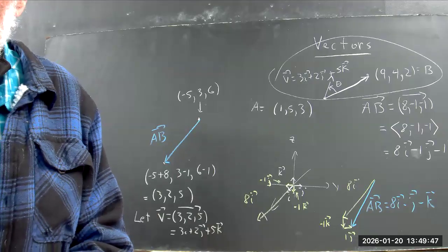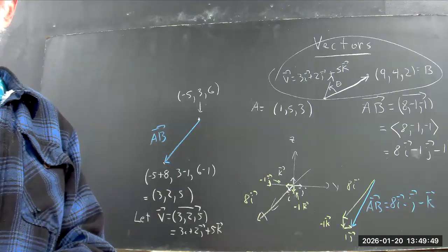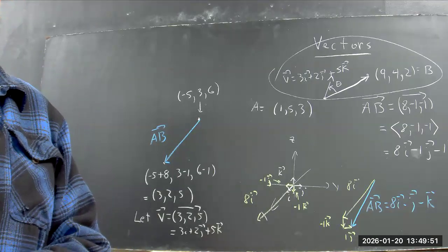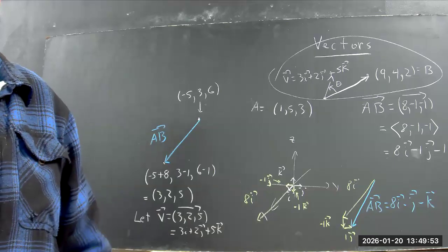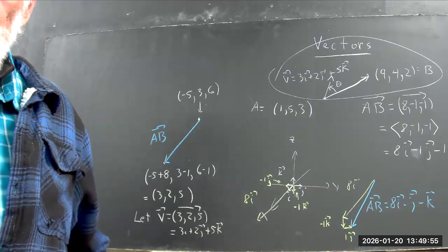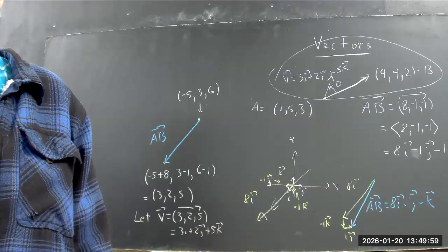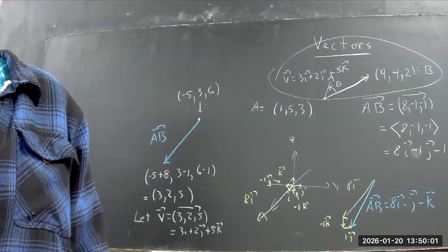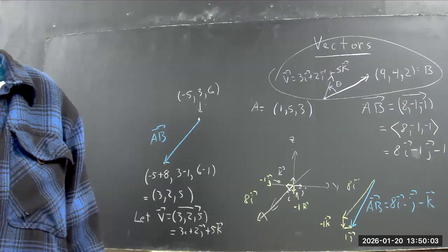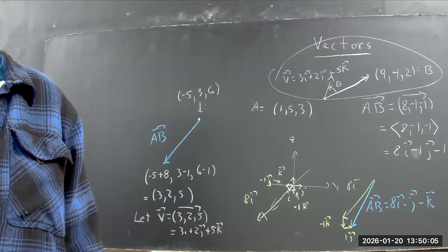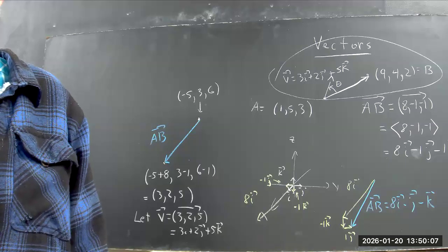Well, at some point in your mathematical background, you should have encountered the dot product, though you might not have. So how many of you have seen dot product? Most of you, but not all of you.